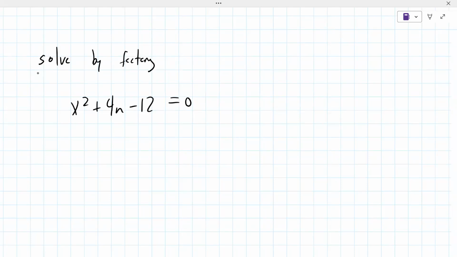So you're looking for two numbers that multiply to negative 12 but add to positive 4. That's where you've either got to be able to guess it or you make a list with all the possibilities and one of them works.